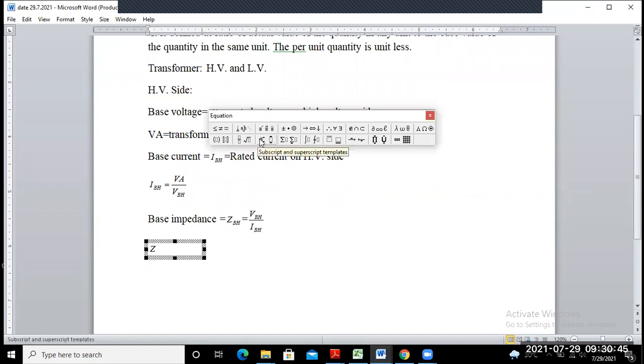Suppose ZBH equal to VBH divided by IBH, and we put volt ampere divided by VBH in place of IBH.